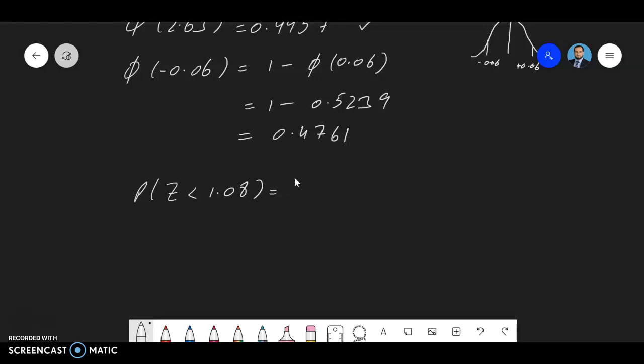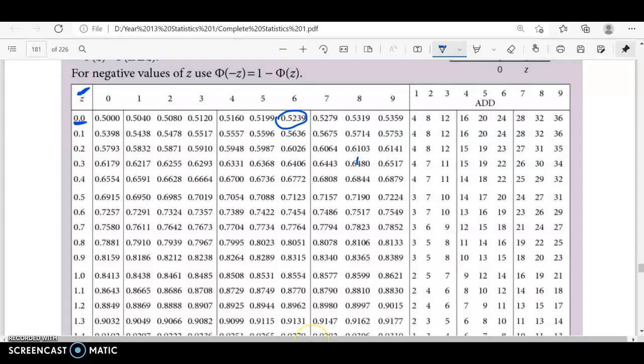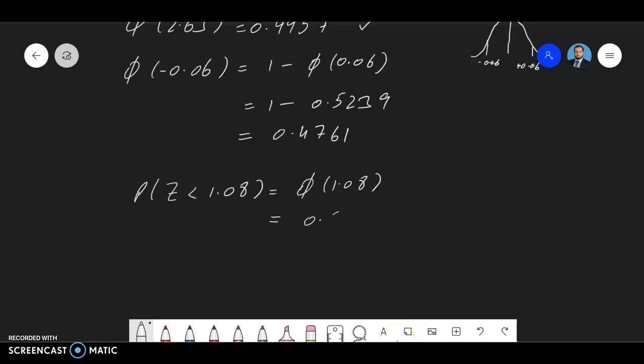Then in this case, since it is less than 1.08, we simply do phi of 1.08, and then again we look into the table of values. Here we need to look at 1.08, which is 0.8599.